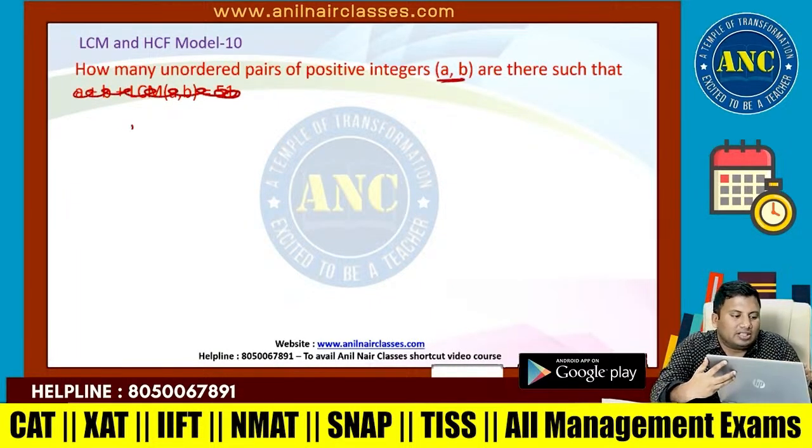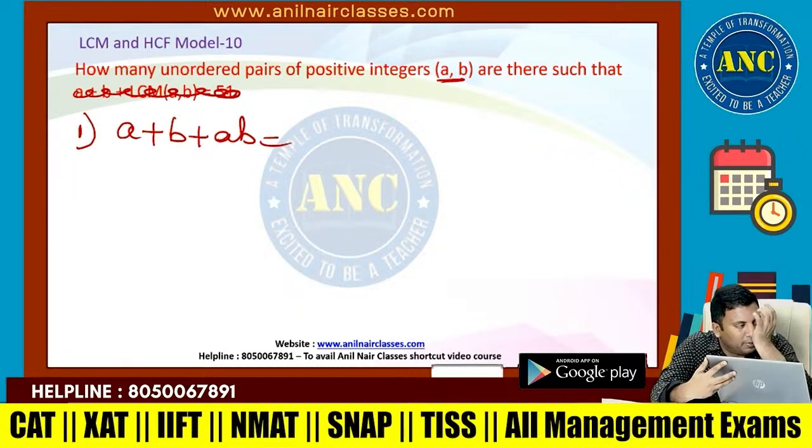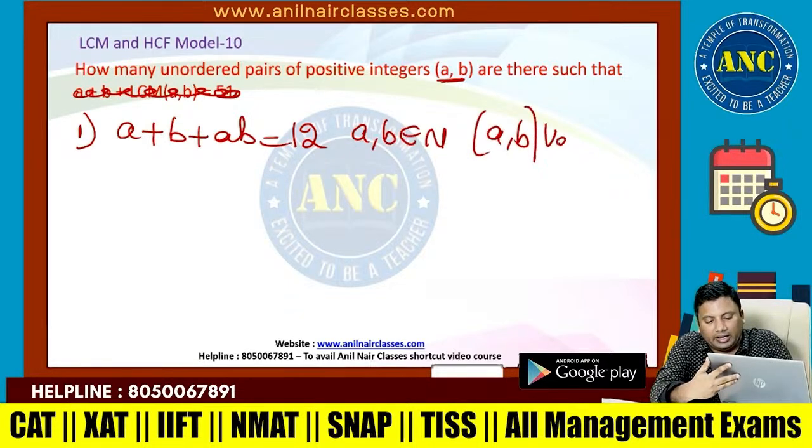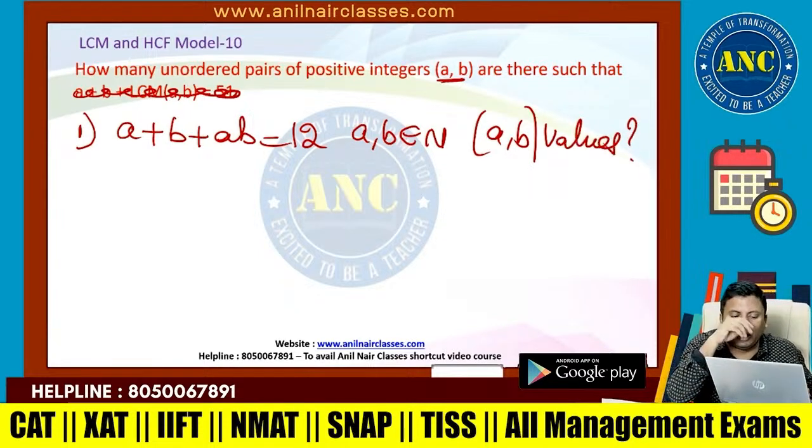Please tell me the answer for this question. First question: a plus b plus ab equivalent to 12. a and b are natural numbers. How many values will it take?